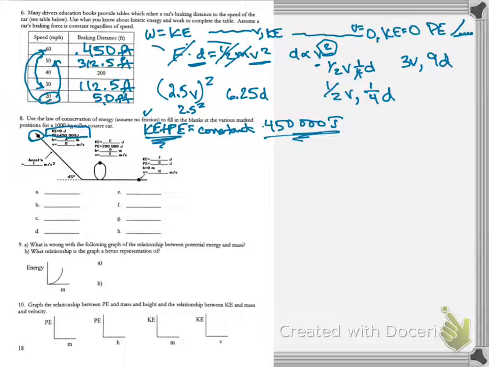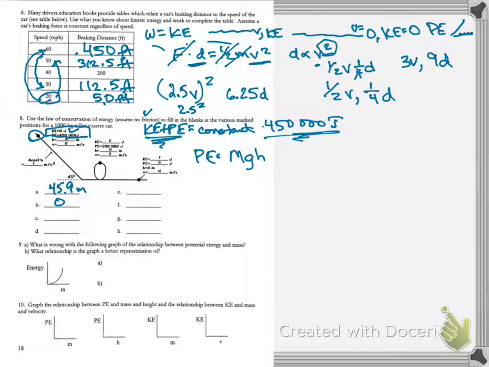If we go in order here, A, they want the height. Height you get from mgh, if that's equal to 450,000. I believe the answer is about 46, maybe 45.9 meters. B is 0 because your kinetic energy is 0.